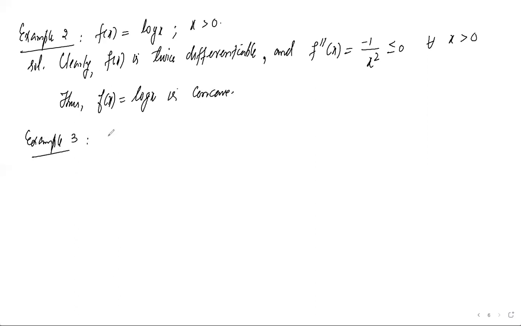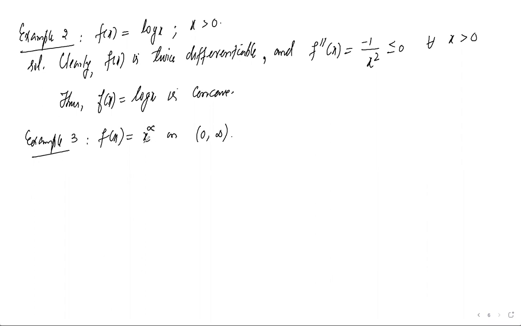Example number 3. f of x is equal to x power alpha on 0 to infinity. Now here alpha is any real number, and x is a positive real number. Now we will see whether this function is convex or concave.